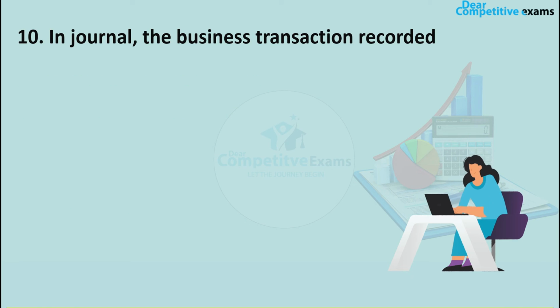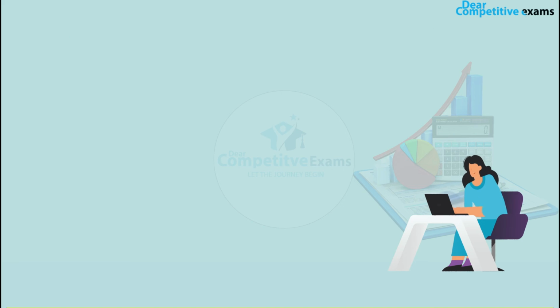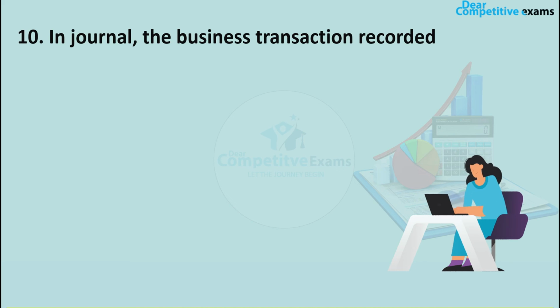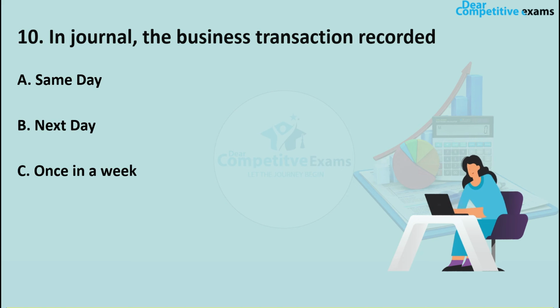In a journal, the business transaction is recorded on the same day, next day, once in a week, or once in a month.